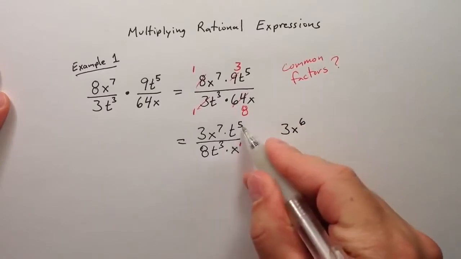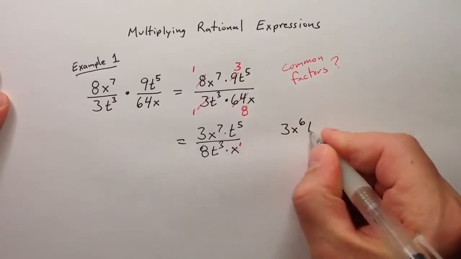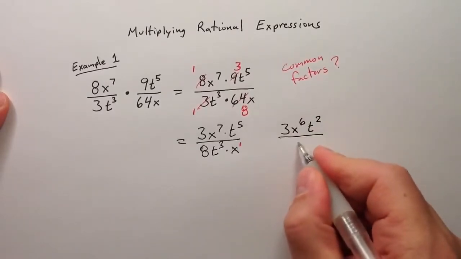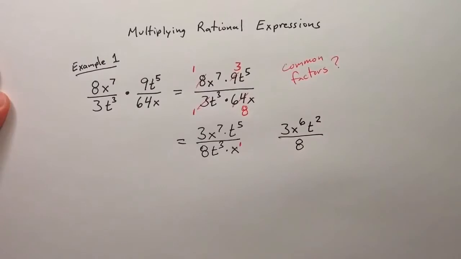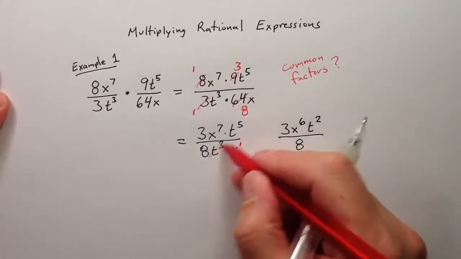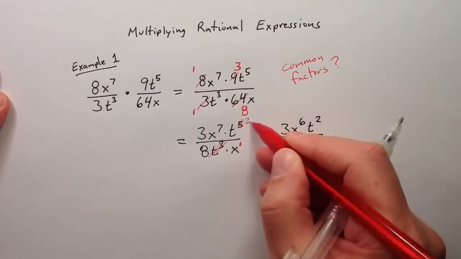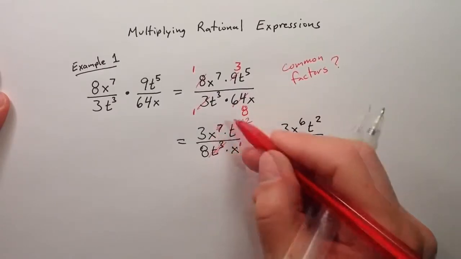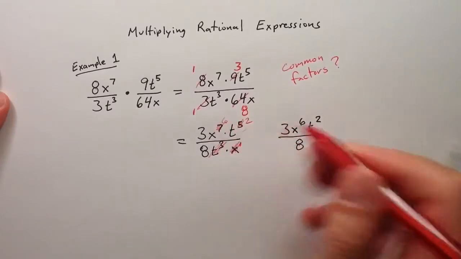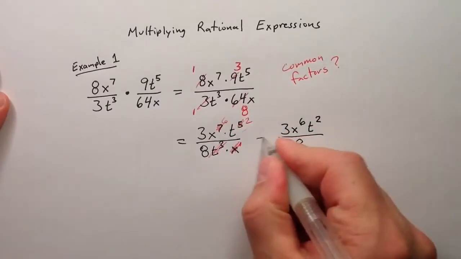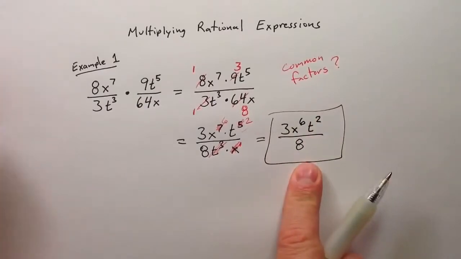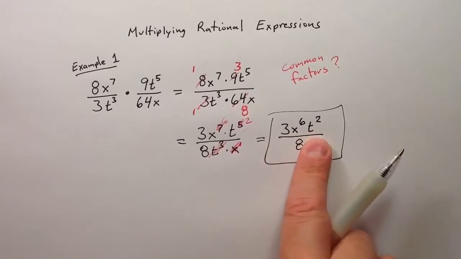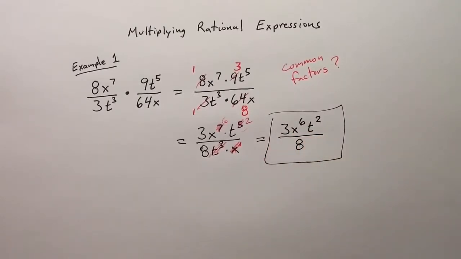And similarly, 5 minus 3 is going to leave us with 2 t's in the numerator. So both of the variables are canceled from the denominator. Right? The 3 takes away 3 from the 5 up top, and the 1x takes away 1x from the top and leaves 6 behind. And so our final answer, the multiplied and then simplified expression, is 3x to the 6th power times t squared divided by 8.